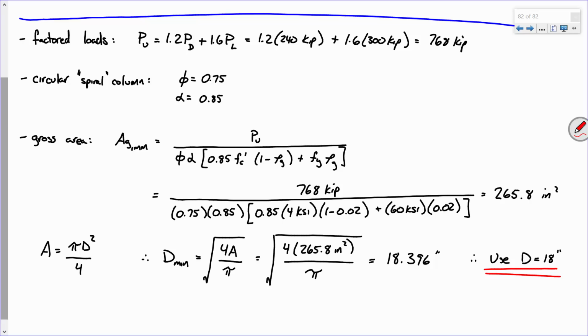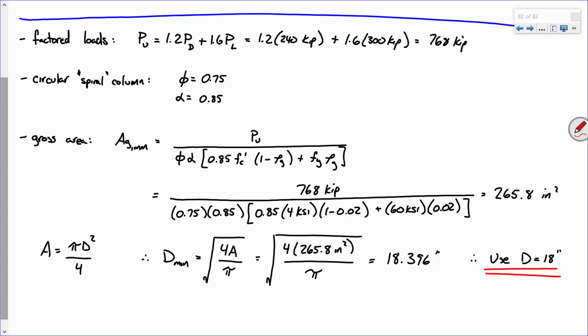If all I end up doing is throwing an extra bar into this column, ultimately, it's probably going to be most economical. Plus, a lot of round circular columns use pre-made formwork that comes in pretty standard increments. Try to find a form for a 19-inch column. 18 inches, that's pretty common. Okay, does that make sense?